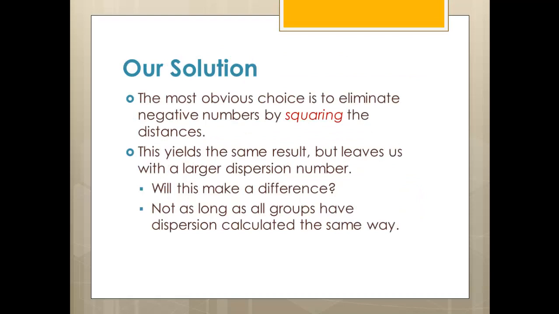Another way of getting rid of negative signs is to square a value. Once you multiply something by itself, no matter if it's positive or negative, the result is a positive number. So this yields the same result. You're going to square each deviation score as opposed to just taking the absolute value of it. If you square it, you get rid of those negative signs, then you can add up all the scores together and come up with some number.